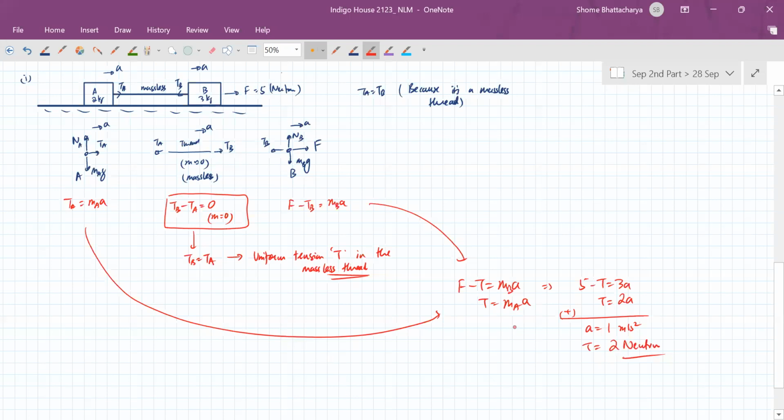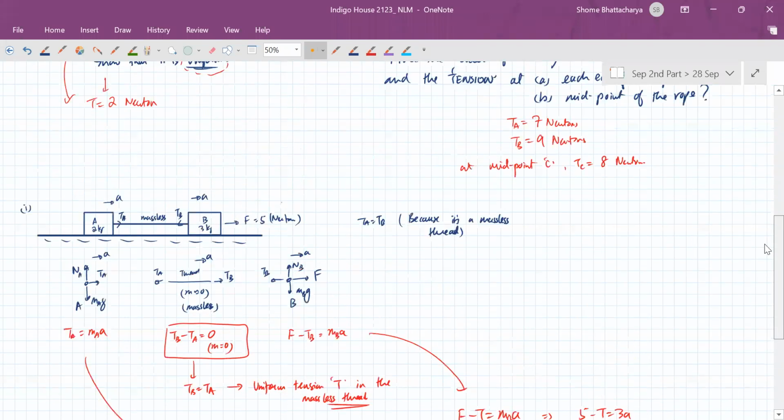Now use the same kind of method for the second part, but the difference is in the second part. Obviously, mass of A and B is different, F is different, but the main difference is that the thread is not massless. It is a heavy rope. So the rope itself has a mass of, I think it was 2 kilograms, right?